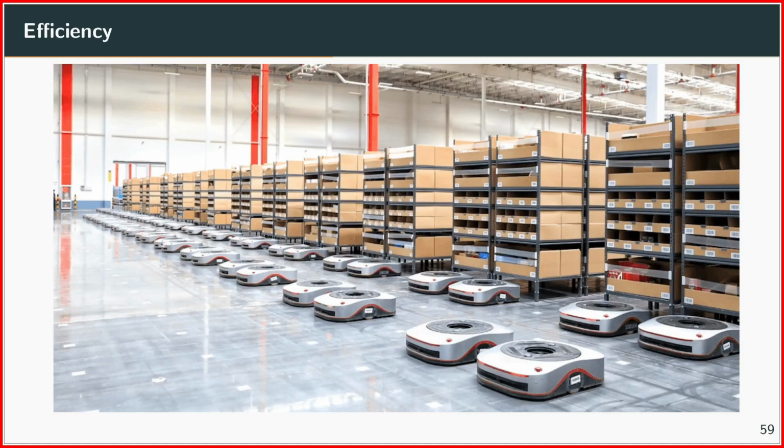Another reason could be efficiency. If you have a lot of robots, larger teams, you also want to solve problems as efficiently as possible, because that could mean you solve a task in less time, and that, of course, makes more money. And so, of course, you want to have the optimal solution to maximize your efficiency.